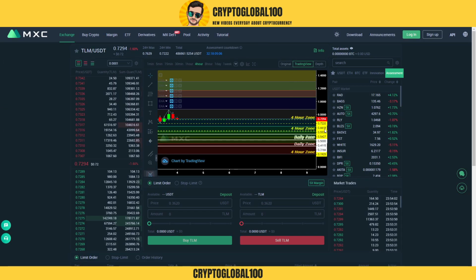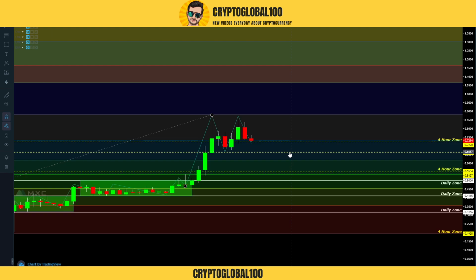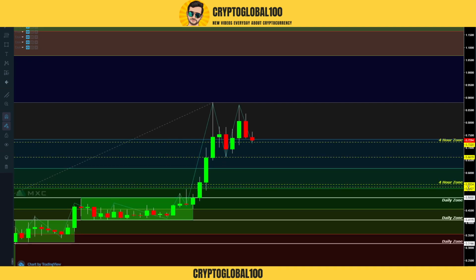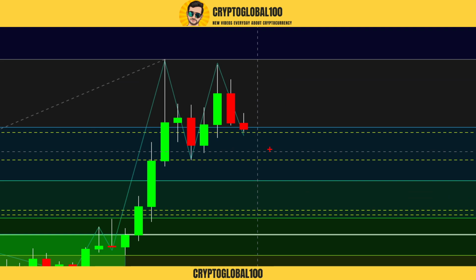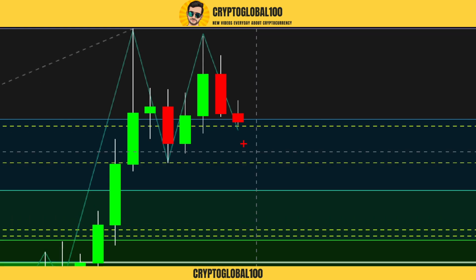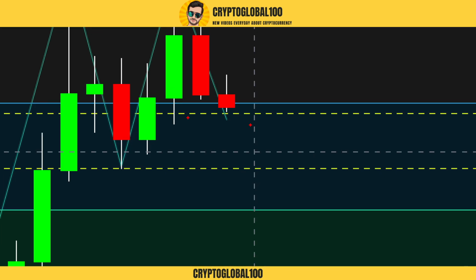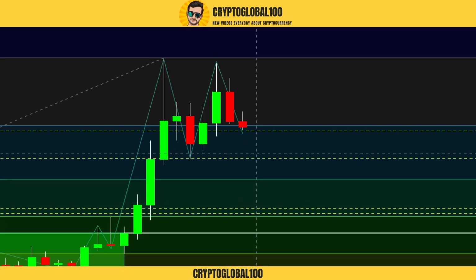So what I am assuming right now is, let's take a look at this candle. What I am expecting is we might see a retracement. Although this candle has been rejected from this level, and this candle is also rejected, here is the thing, let me show you.